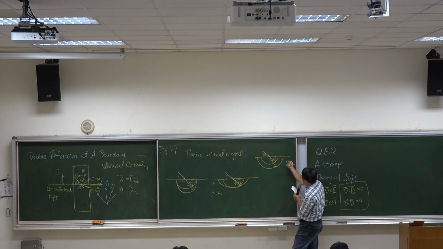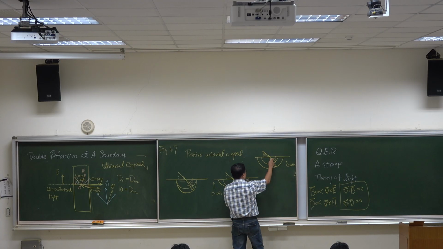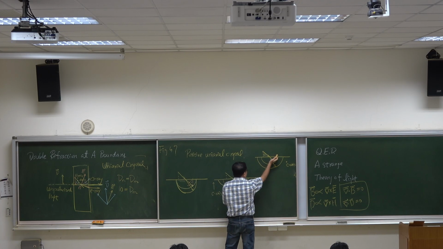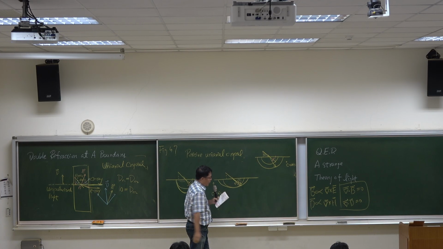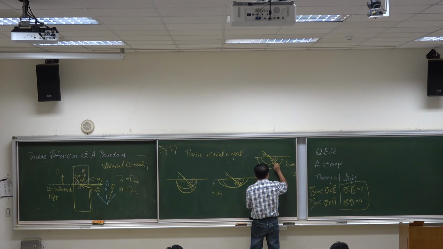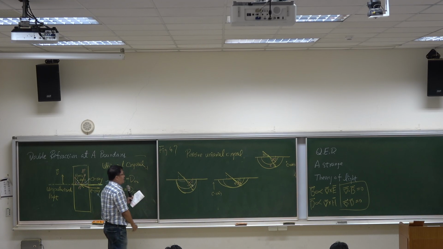Since now optic axis is pointing outward, so for O ray, the E vector is polarized, is lying on this backbone. Okay? And for E ray, it has the E vector parallel to the z-axis.